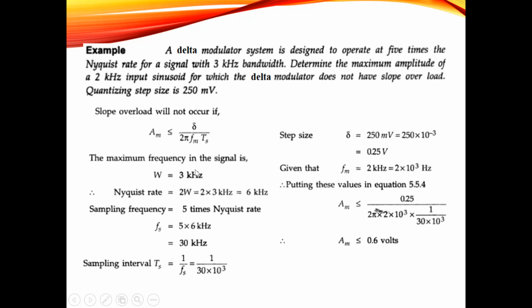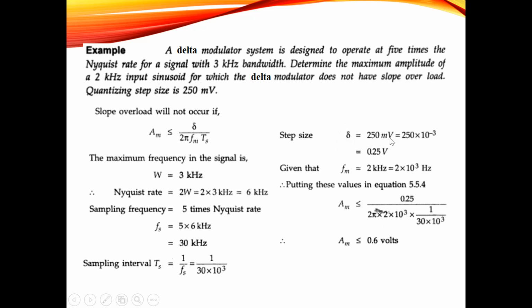We need to find the value of W, that is 3 kilohertz, or fm. The Nyquist rate is 2W or 2 fm, that means 6 kilohertz. The sampling frequency is given as 5 times the Nyquist rate, so fs is not directly 2W, it is 5 times 2W. So fs is 30 kilohertz, and the interval Ts is 1 by fs, equal to 1 by 30 into 10 to the 3.